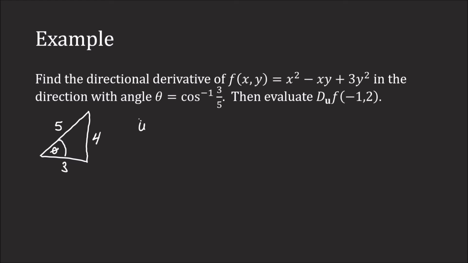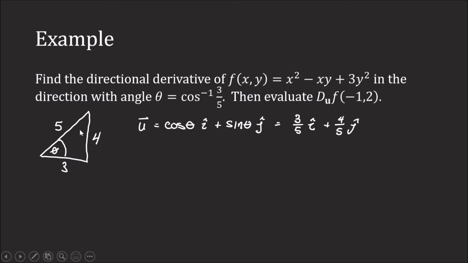So u is cosine of theta in the i direction plus sine of theta in the j direction. So this winds up being 3/5 i hat plus 4/5 j hat, right? Because remember, sine was opposite over hypotenuse. Okay, good. So we now have our unit vector.